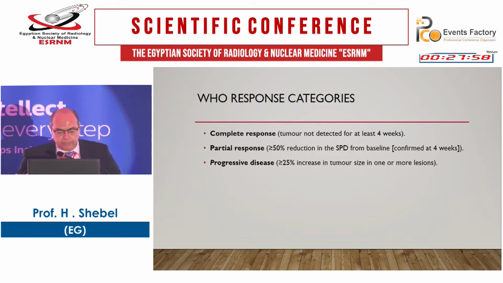Category number 3, progressive disease, means there is an increase of the SPD, or summation product diameter, equal to or more than 25% compared to the baseline study. And stable disease means that there is no progression, no regression, and no partial response.